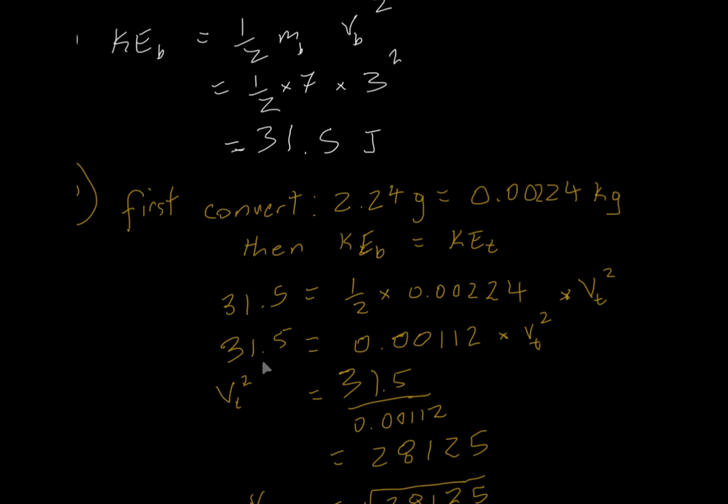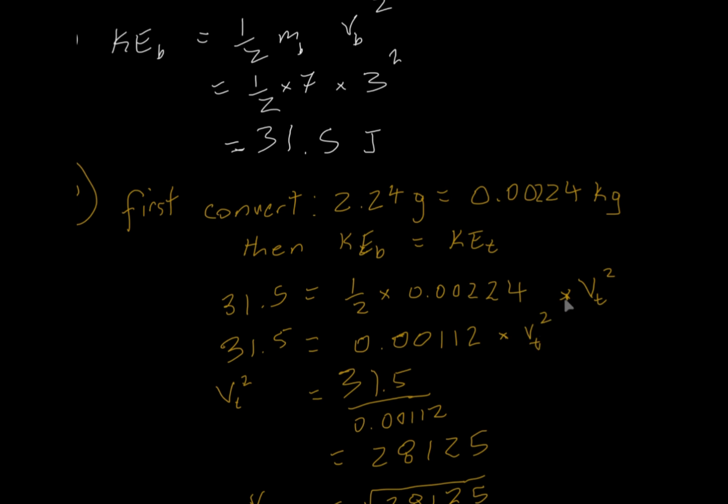Continuing with our calculation, we have 31.5 on the left side equals 0.00112 V T squared, where half of 0.00224 gave us 0.00112.